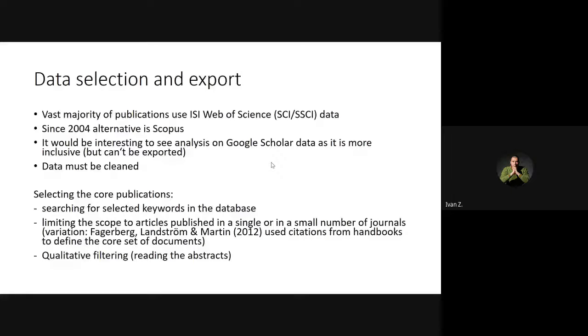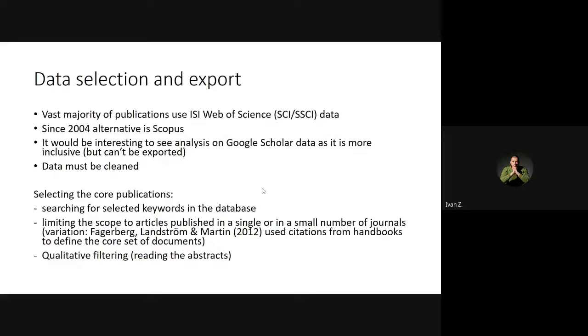Some of them also use Scopus, but they're in the minority. Google Scholar is also a very interesting database, but currently doesn't allow this kind of citation data. So you cannot use Google Scholar data for these studies because you cannot really export it from the Google databases.